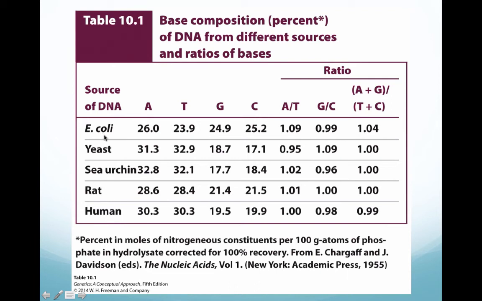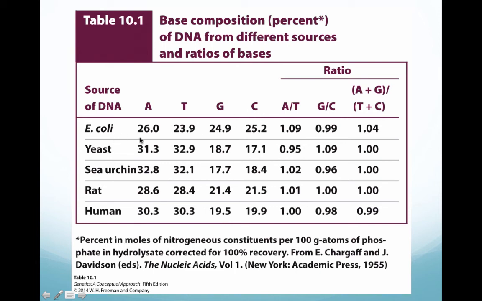So he looked at E. coli cells, yeast cells, sea urchin cells, cells from a rat, and cells from a human. And he assayed, which was very, very basic back in those times, and was able to determine exactly how much adenine an individual organism possessed in E. coli, yeast, sea urchin, rat, and human. And he did that for thymine, guanine, and cytosine.